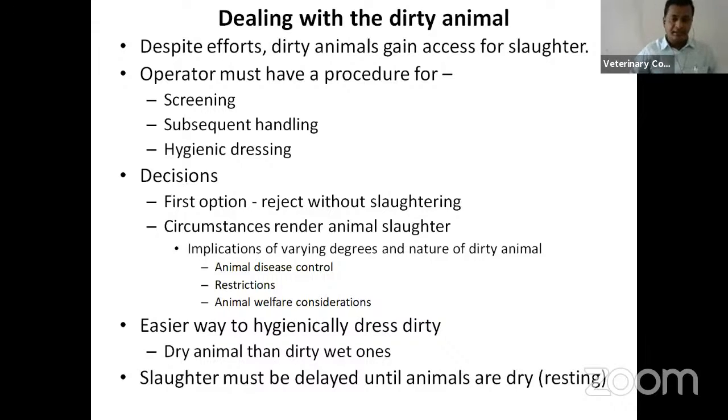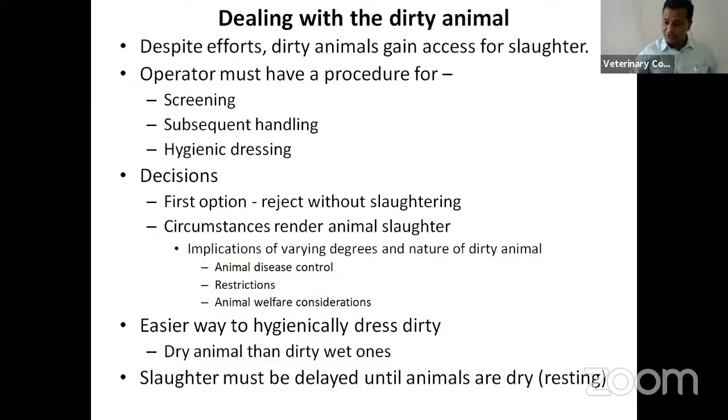Dirty animals gain access to the slaughterhouse. Then how to deal with them? If you can deal with them properly, probably we will reduce the contamination in the slaughterhouse, thereby reducing the contamination level on the carcass meat. The operator must have procedures for screening dirty animals.